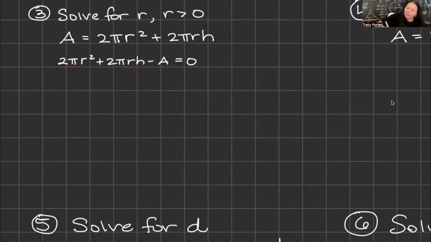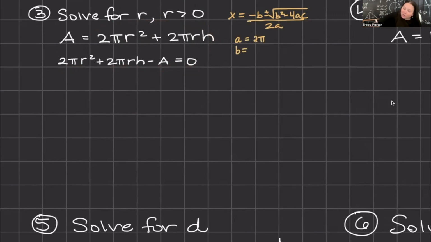So here you can see that if we're looking at the A, B, and C that are generally in the quadratic formula, right? So if we write down the format that we're used to looking at, the A in this formula would really be just the 2 pi.